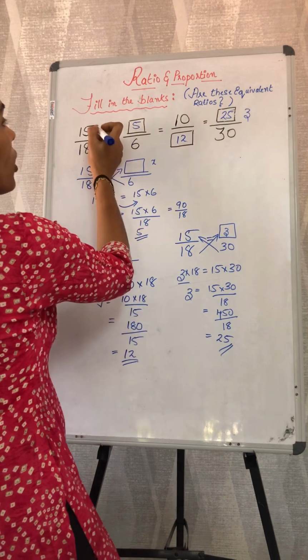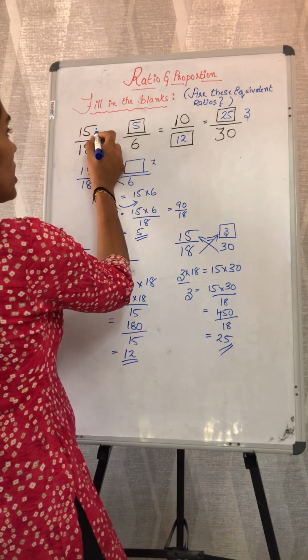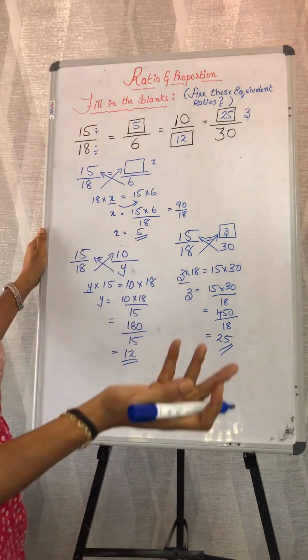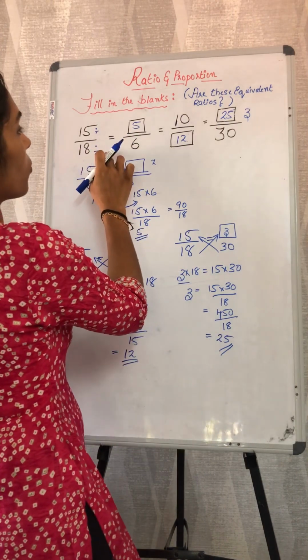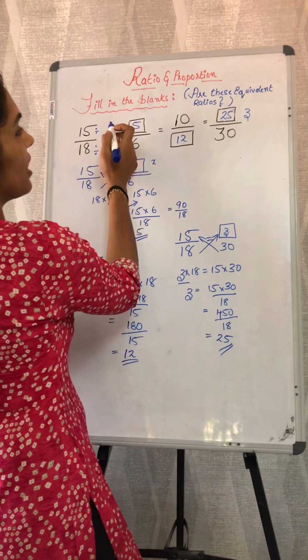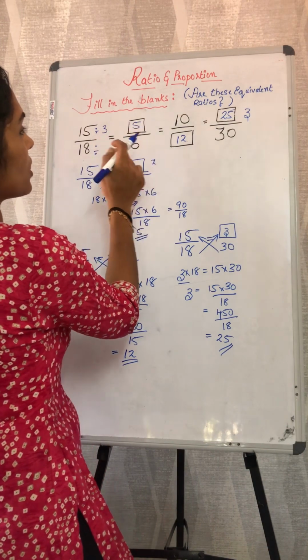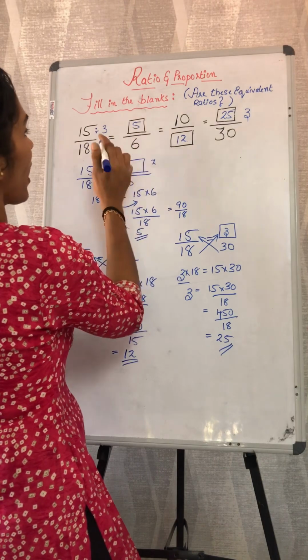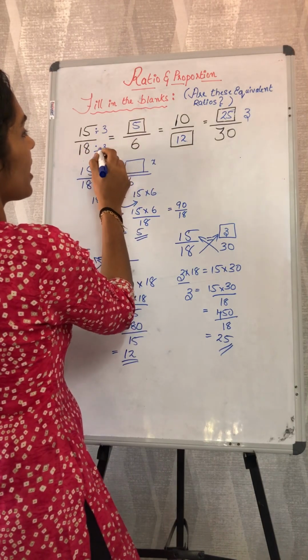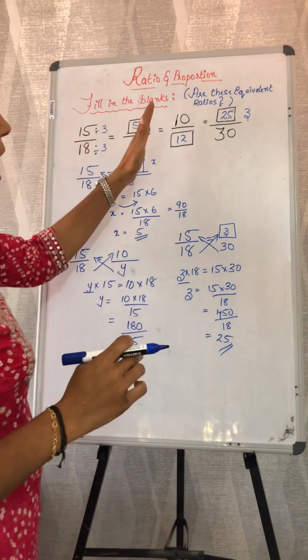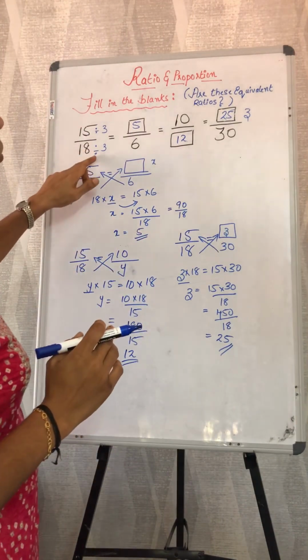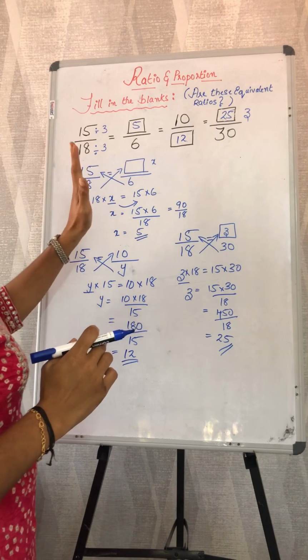What can you divide 15 and 18 by to get 5 and 6? It comes in the multiplication table of 3. That is, 15 divided by 3 is 5 and 18 divided by 3 is 6. It's getting factorized, right? So this is the way we have to use the division or multiplication table.